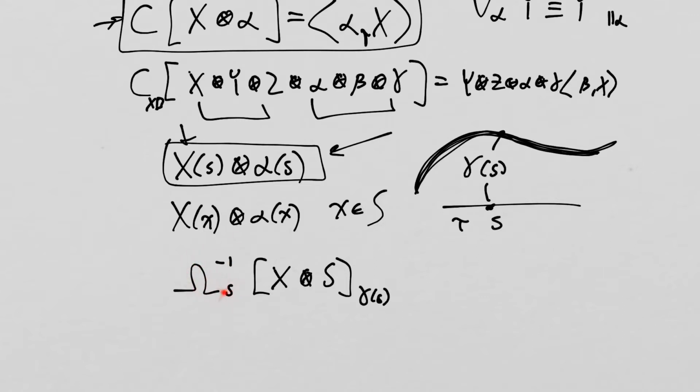This omega s parallel transports a field from 0 to s, but the inverse will take it from s to 0. So this is the parallel transported version of the value of this tensor field from the point gamma s in the manifold to the point gamma 0, right? So that's what that symbol represents.